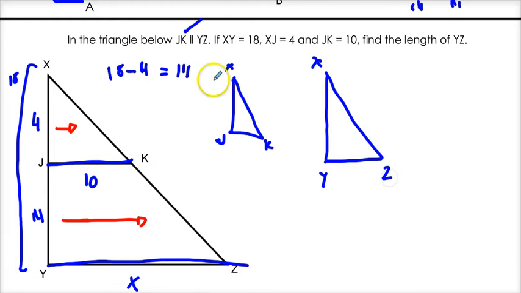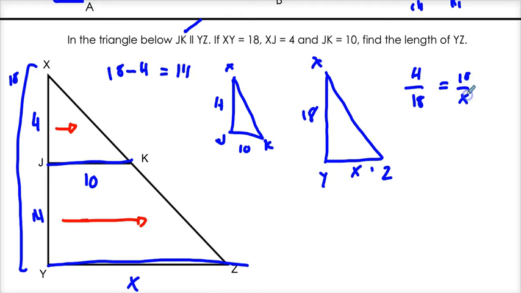Okay? Our smaller triangle has sides of 4 and 10. Our bigger triangle has sides of 18, right? That's x, y, and y, z is x. Now we'll set up our ratio and solve this one, all right, which is different than the side splitter. So we'll set it up. The corresponding sides are xj and xy, so we'll say 4 is to 18 as 10 is to x.